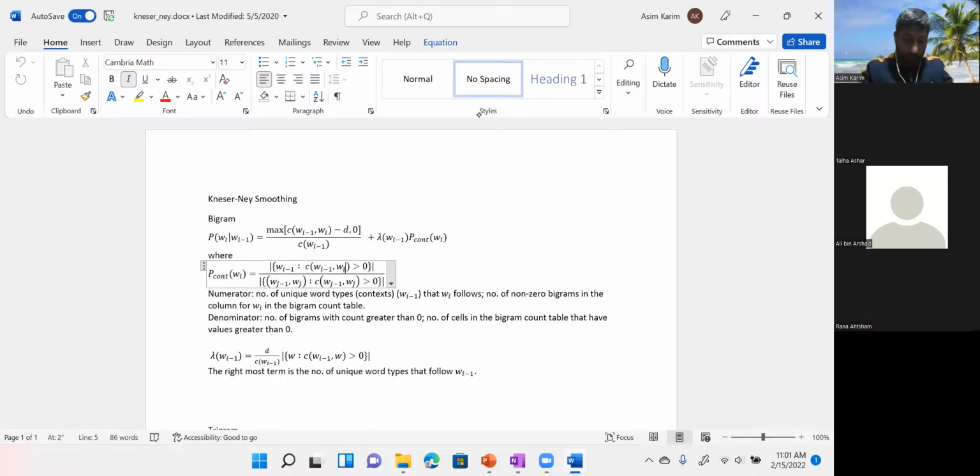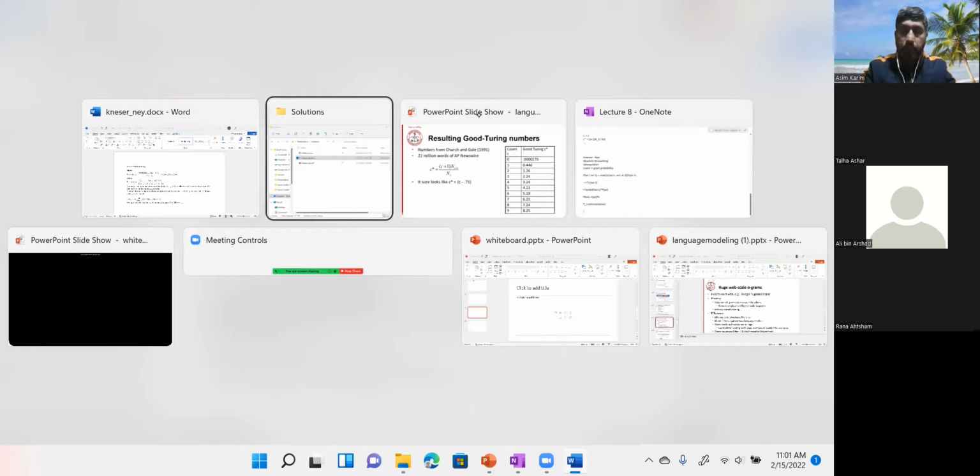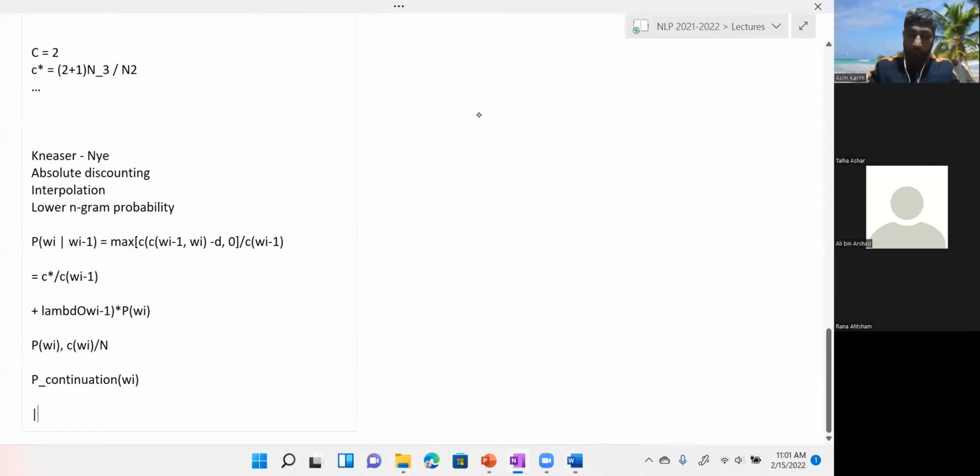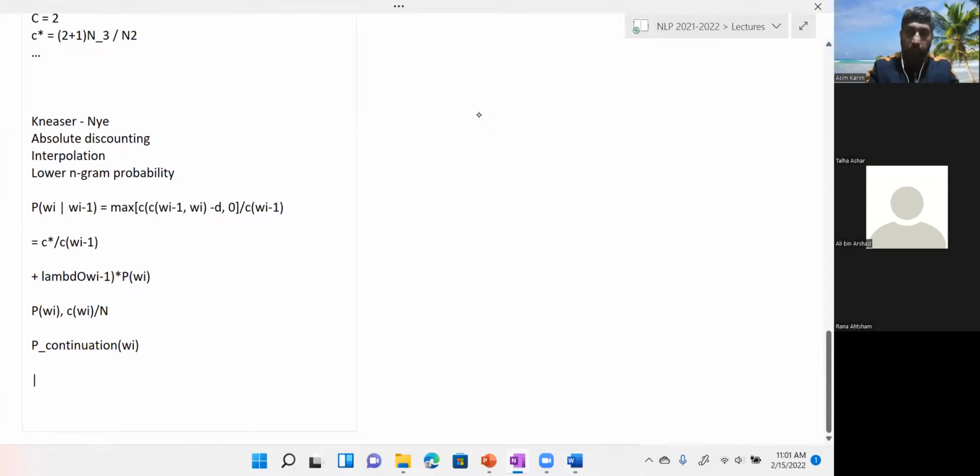So what is the intuition behind this? What did we have? We were counting unique Wi minus 1 for which Wi is a continuation. This is the numerator.